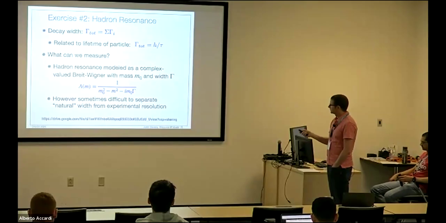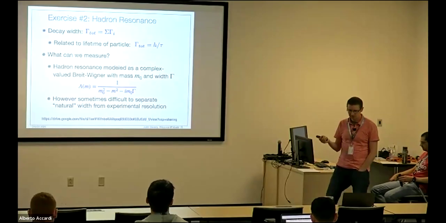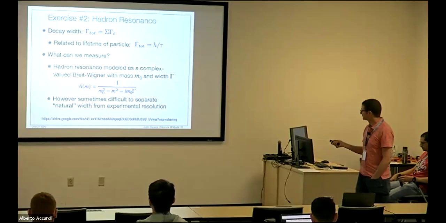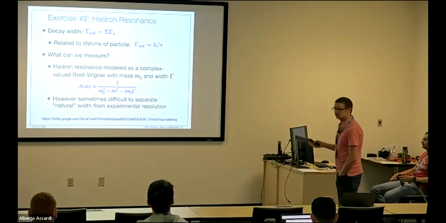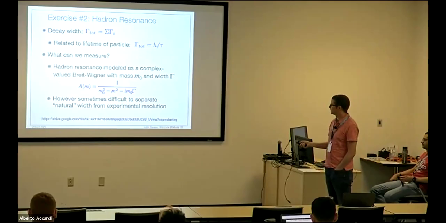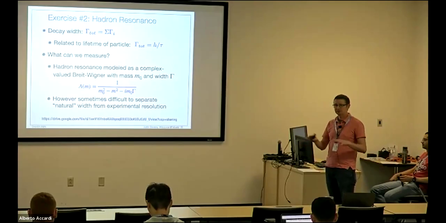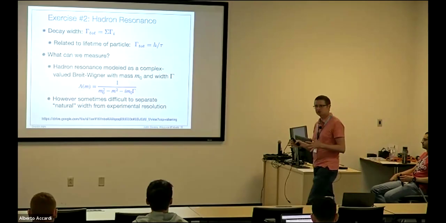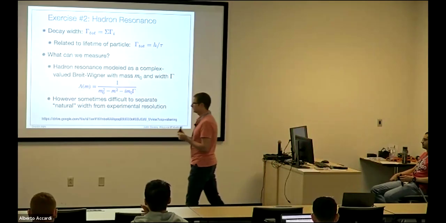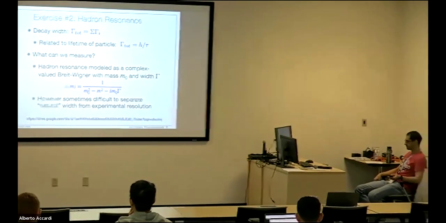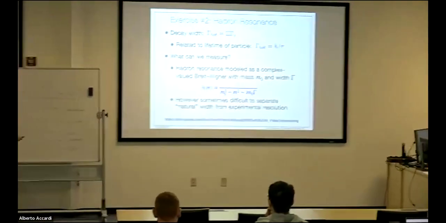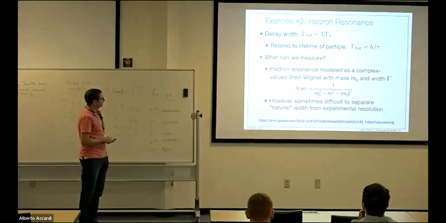We'll get to play with it in an exercise, where M0 is the parameter that describes the mass, the center of that peak, and gamma is the width. It's complex valued because all the things that we measure experimentally actually happen in a complex energy plane. What we actually measure is just along the real axis of that plane, but we need to model it in terms of a complex quantum mechanical amplitude, and that's what this A describes.